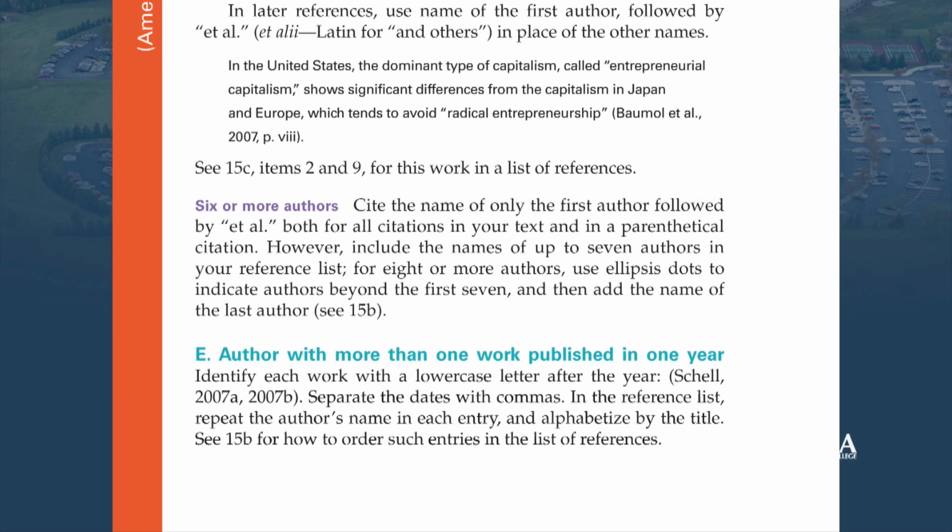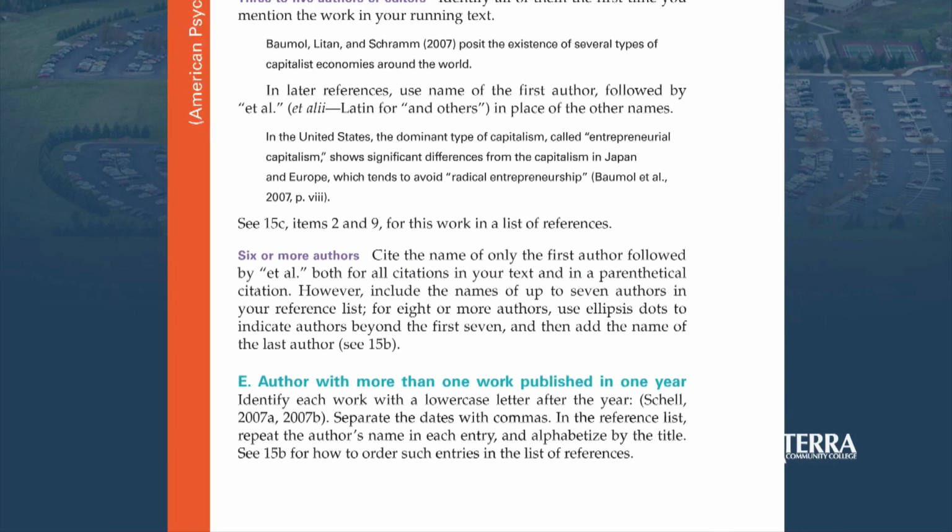As you see there, for 6 or more authors, it says cite the name of only the first author followed by et al. And this is for all citations in your text and in a parenthetical citation. That just tells the reader that there are more authors besides that one, in this case more than 6.